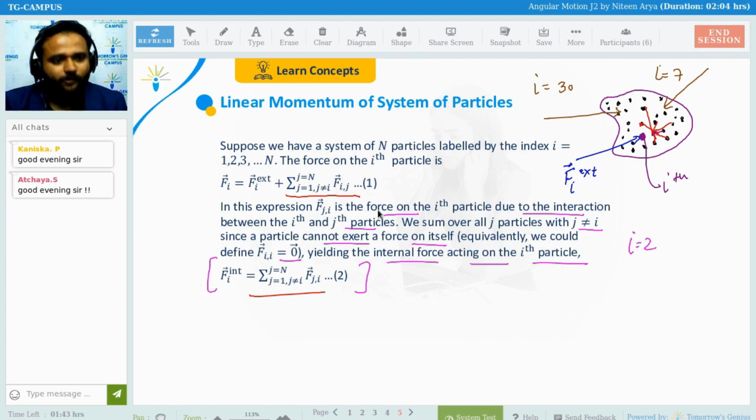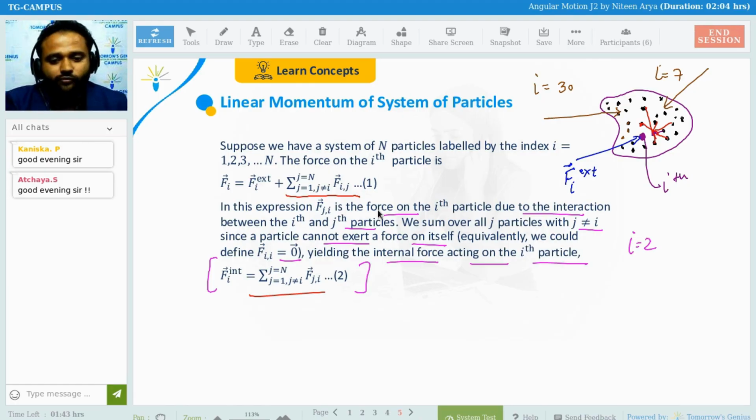Got it? Because it is not fixed that I can choose I equals only 2, or only 3. I need to find the net force. And how can I find the net force? Whenever I pick I from 1 to n and then do the summation. And when I'm doing the summation from 1 to n, there is an interaction also.